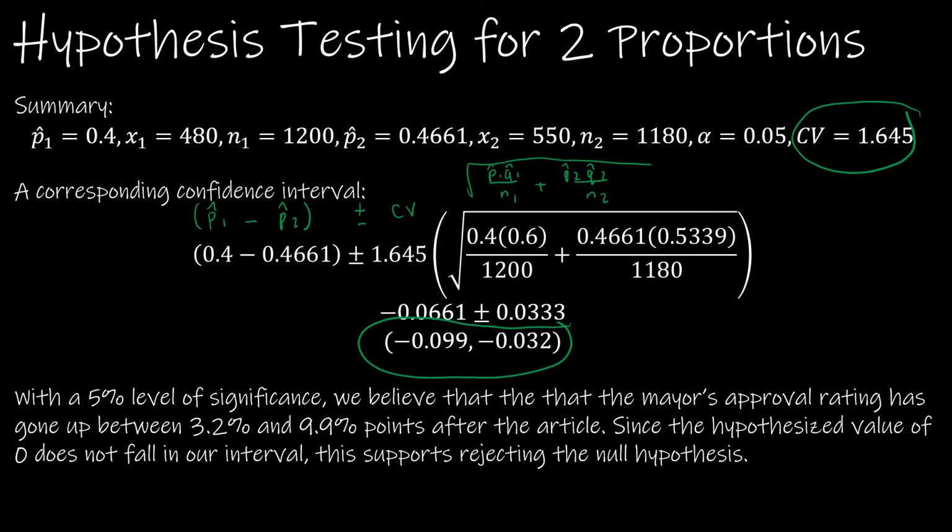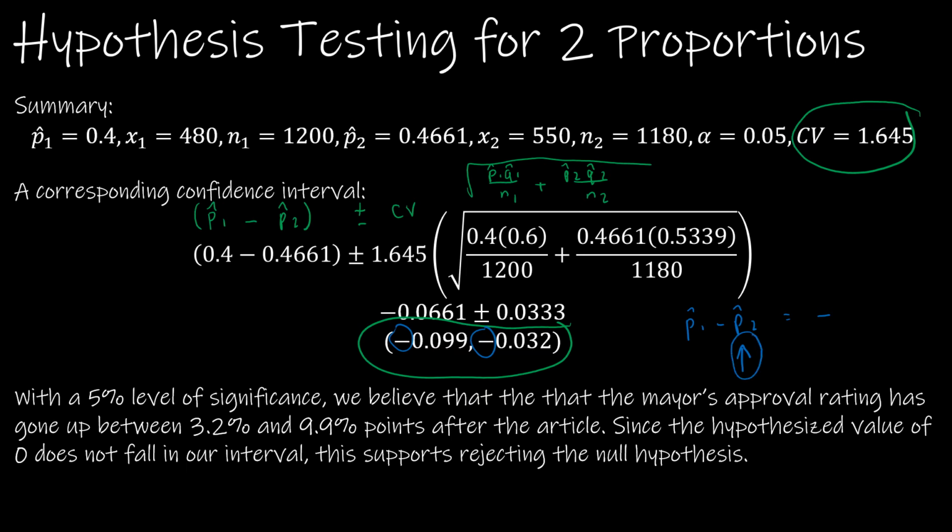Now, before we continue talking about that, a lot of people get confused because this is negative and this is negative. So how would I say it's gone up? Well, if it's gone up, remember, I'm taking p hat 1 minus p hat 2, and this guy has increased, then that means I'm going to end up with negative values.